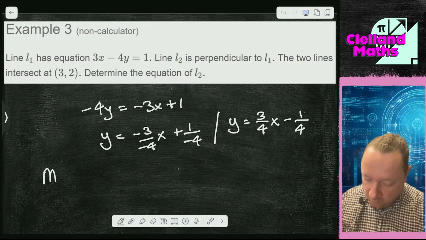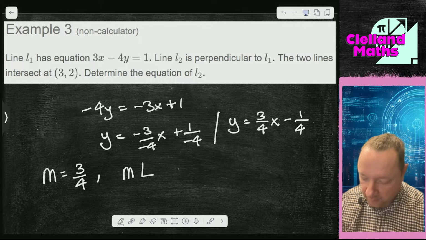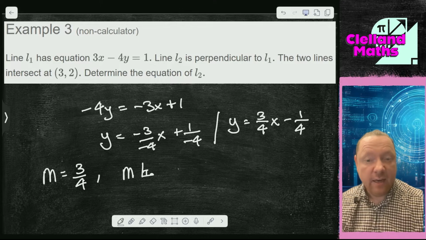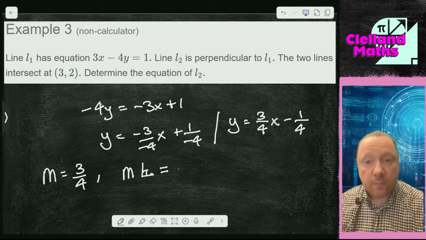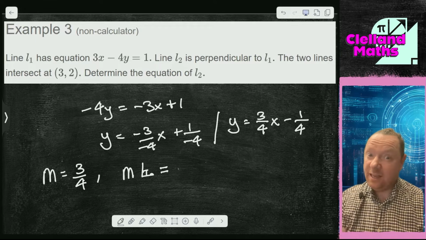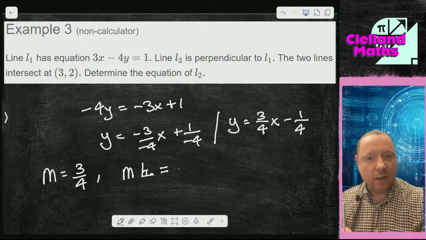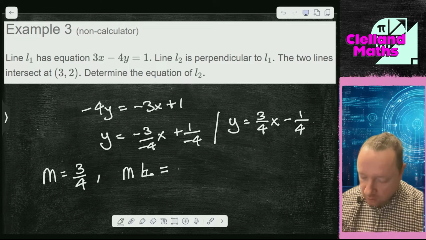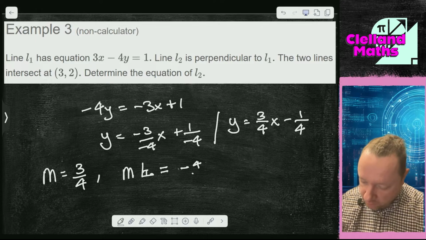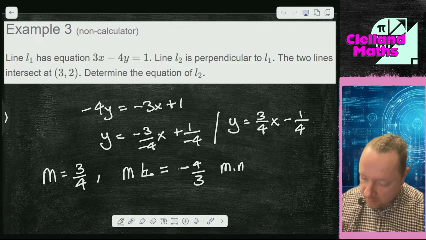So the gradient of this one is 3/4, which means the gradient of our perpendicular is equal to the negative reciprocal. What does that mean? It means you flip it upside down and change the sign, okay? So we've got -4/3, because m1 m2 equals -1.